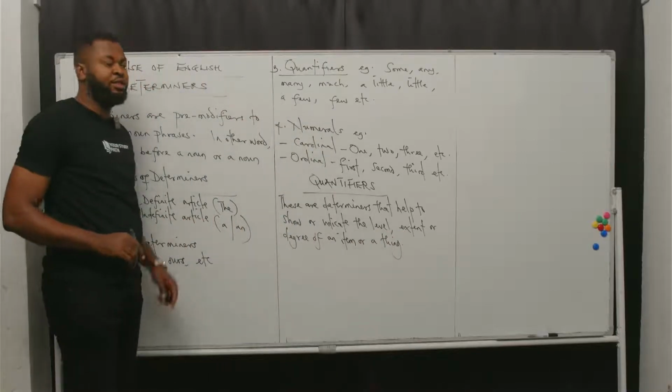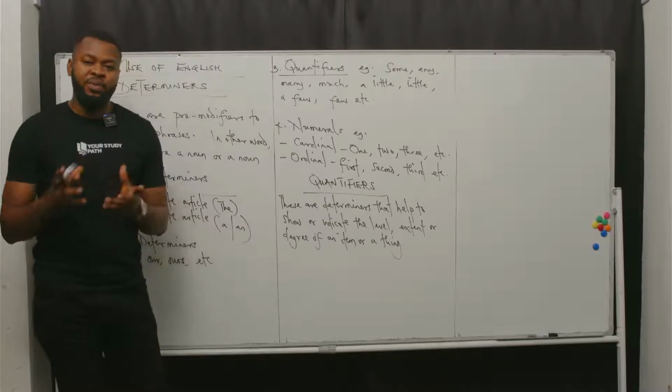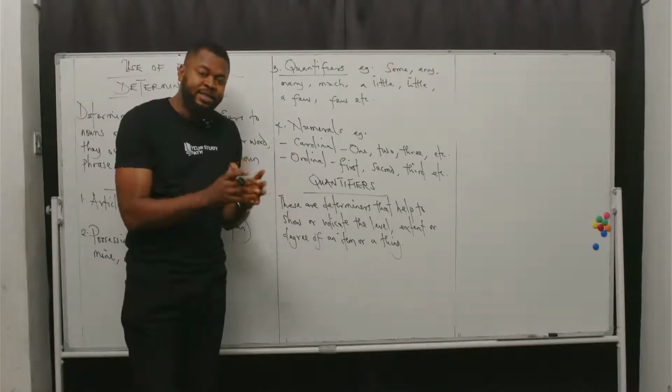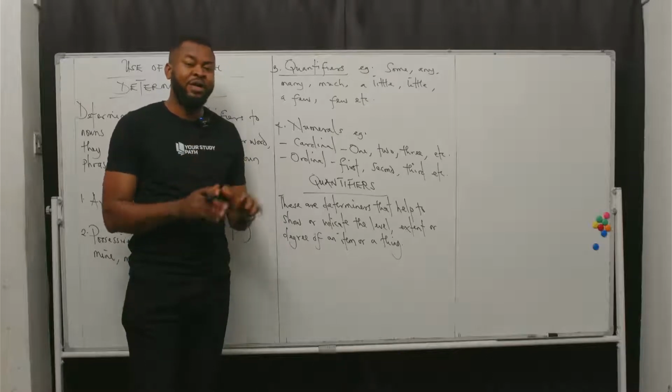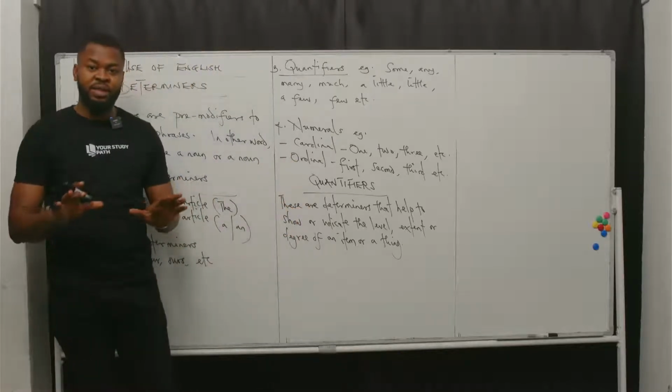All right. So that's basically what a quantifier represents. They help to show the extent, the level, the degree of an item or a specific thing. I hope this is clear to you.